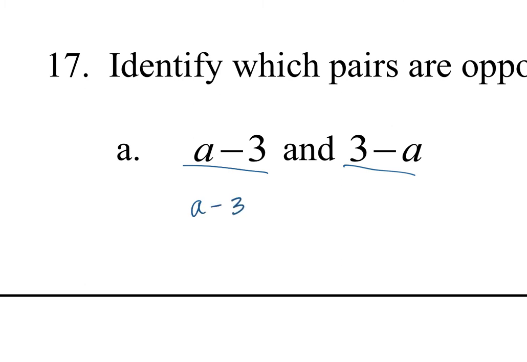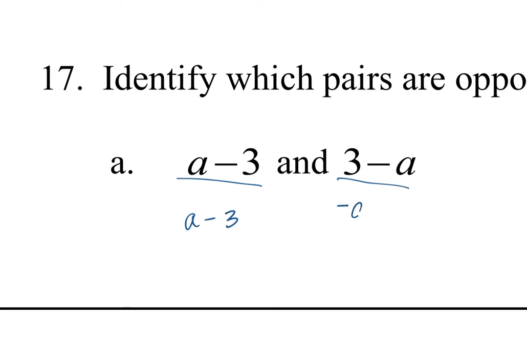Okay, but the one right here, I'm going to put the negative a in the front, and it's a positive 3. So do you notice that as far as the a goes, they're opposite signs, and the 3, they're opposite signs. So this pair is opposites.